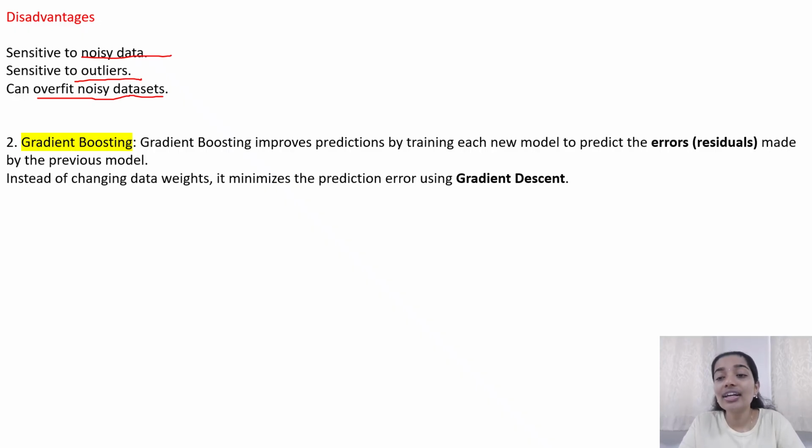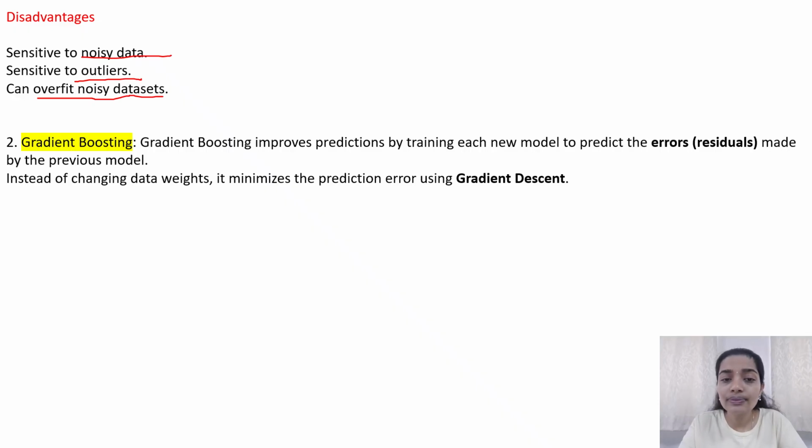Each model predicts the errors made by the previous model. It doesn't change any weight. It tries to minimize the error. So in AdaBoost, we increase the weight of the misclassified points, we give them more importance, and then we perform the same process. Whereas whatsoever is correctly classified, here we don't focus on that much.